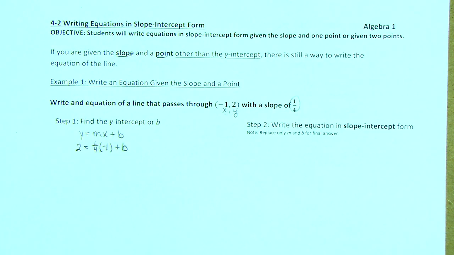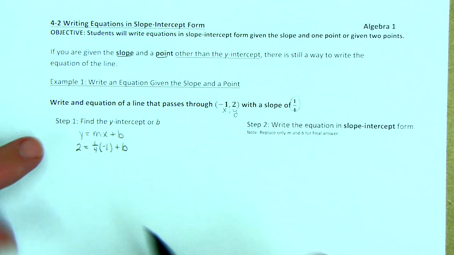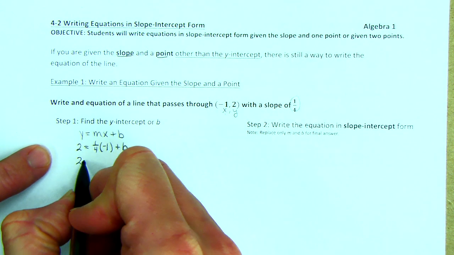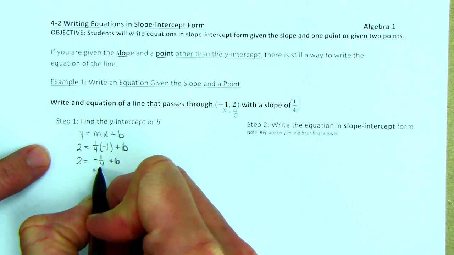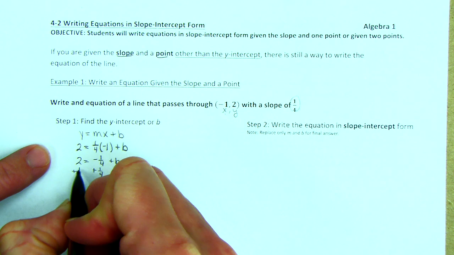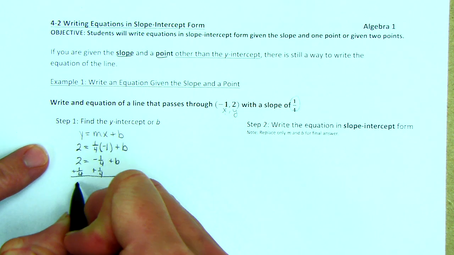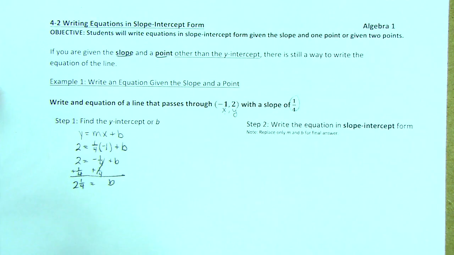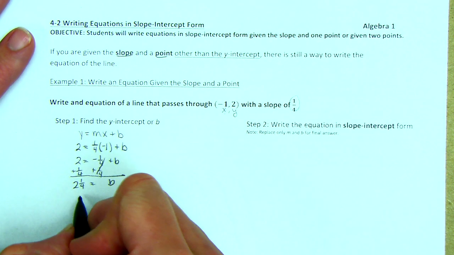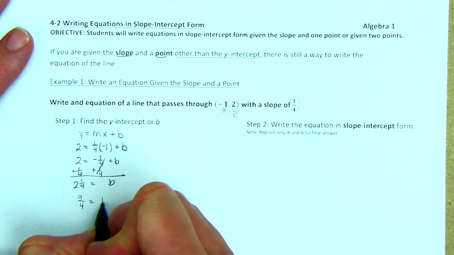Now, as ugly as it's going to seem, we can actually solve that equation for b because it's our only unknown. So here it is. We've got 2 equals -1/4 plus b, and we'd add 1/4. And so we can just leave it as 2 1/4 equals b, or if you would prefer to write it as an improper fraction, that would be 9/4 equals b.